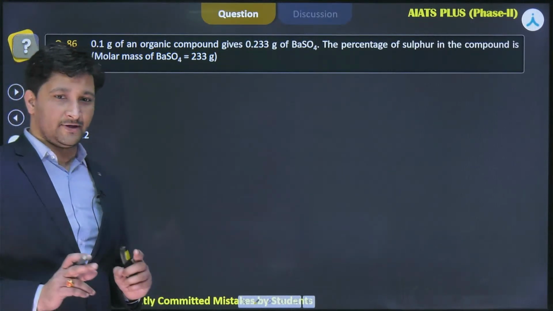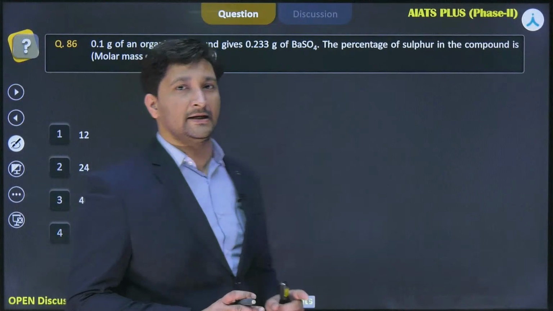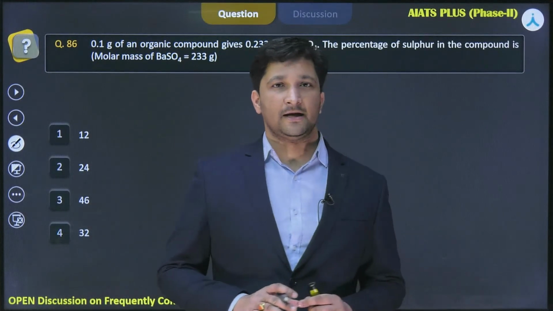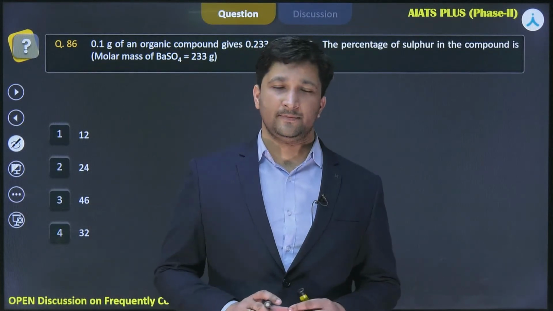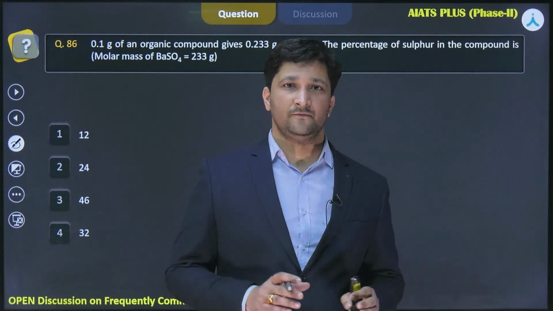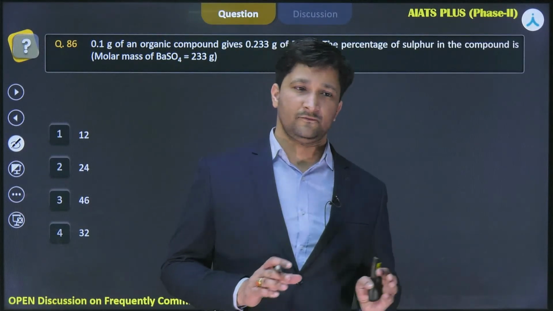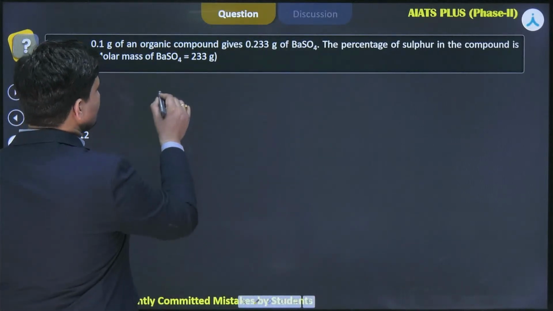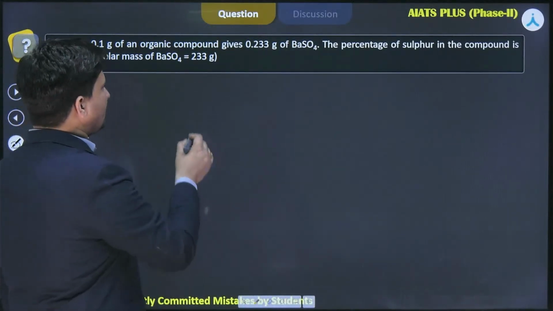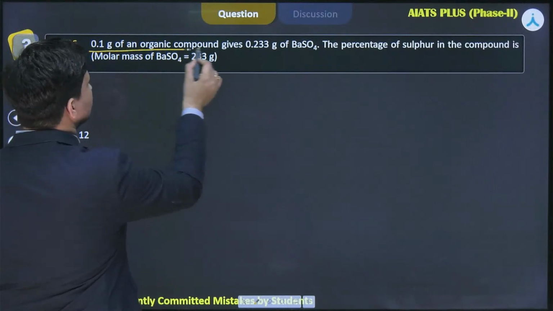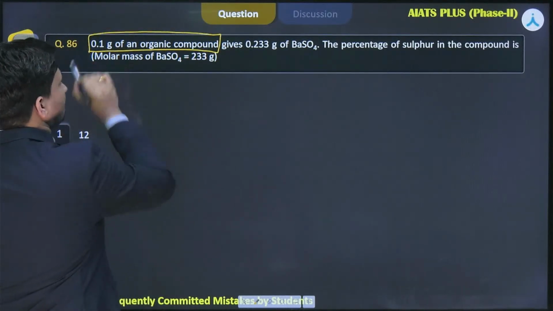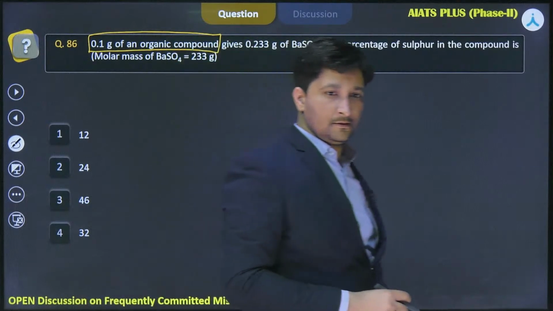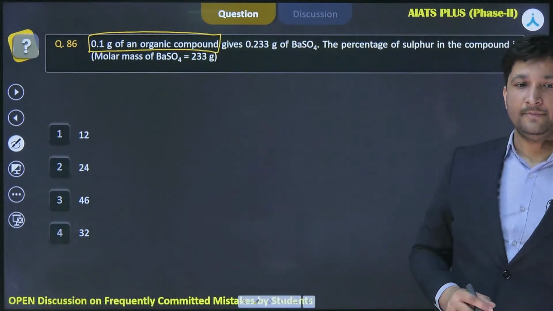See, this we have discussed in the Carius method in my last session, and I hope all of you remember the formula I used, and how the unitary method is useful in solving such questions. Now have a look here. Suppose we have taken 0.1 gram of an organic compound, and we have precipitated barium sulfate.